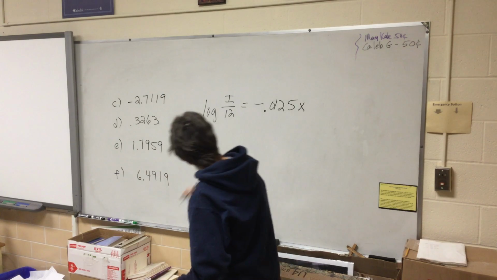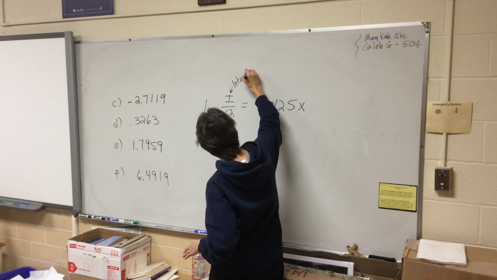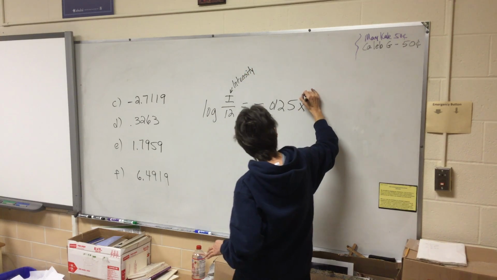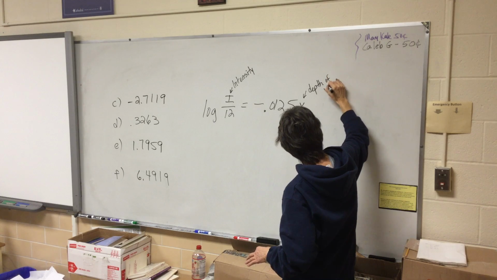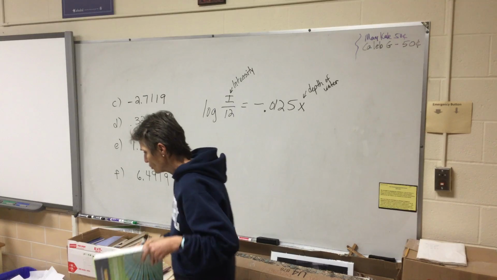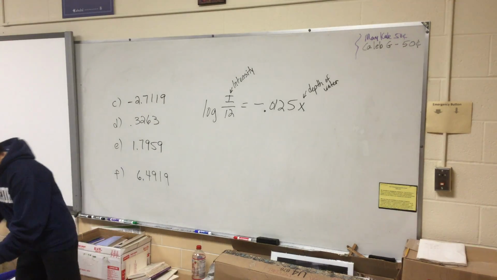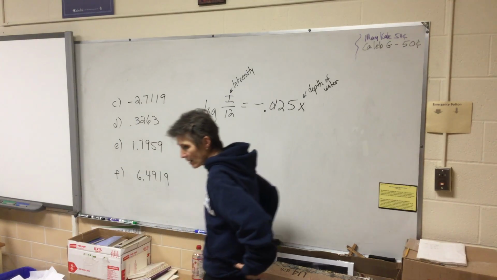And I is the intensity of light, and X is the depth of the water. So you know, because you've all been swimming probably in a lake or a pond, the farther down you go, the darker it gets, right?